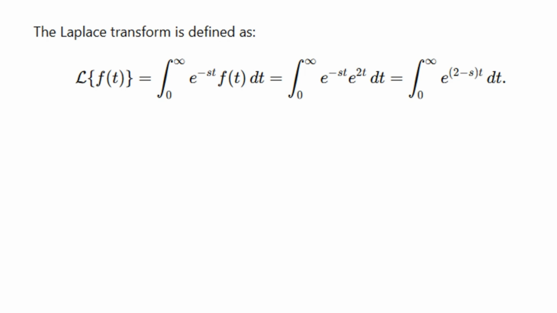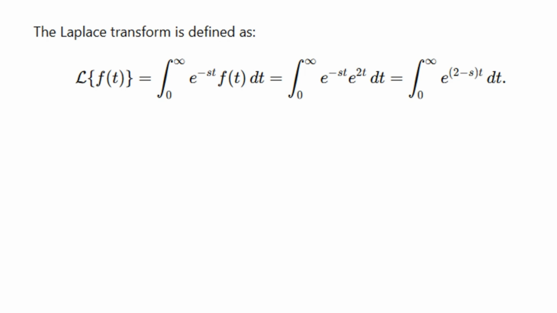So for us to capture this, especially for this particular integral, the power 2 minus s must be negative, so that if 2 minus s is negative and is multiplied by t, then the exponential will decay over the interval 0 to infinity. In other words, as t grows to a large number, the function will be decreasing.